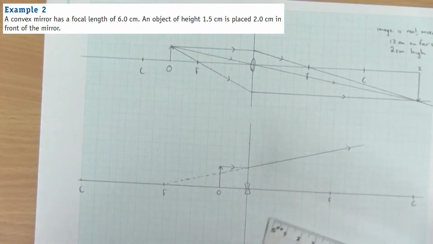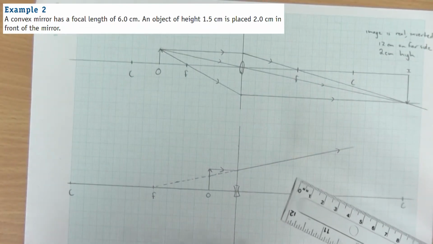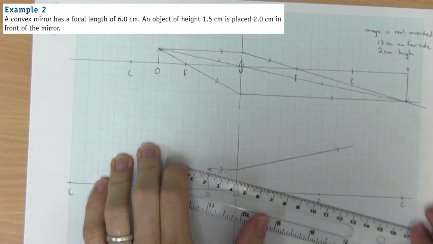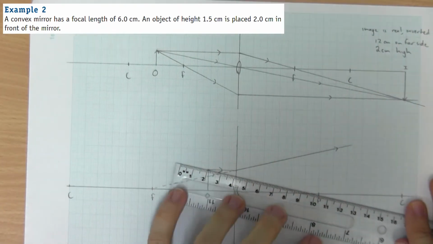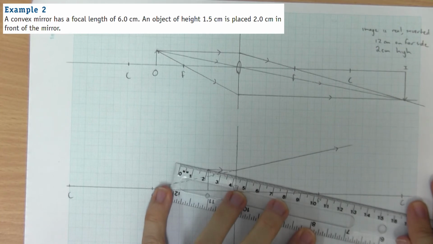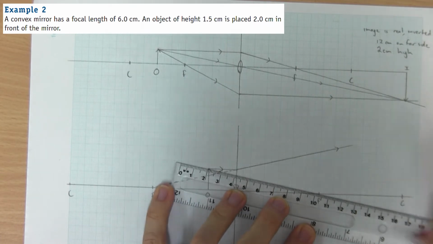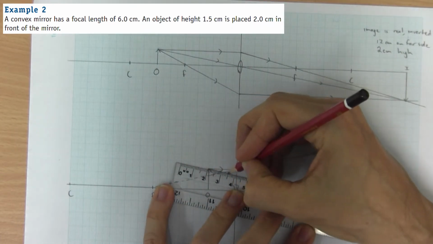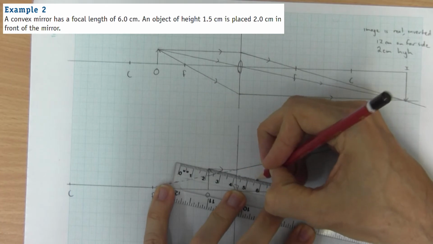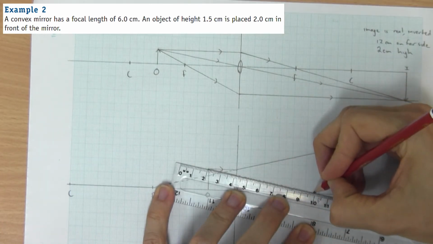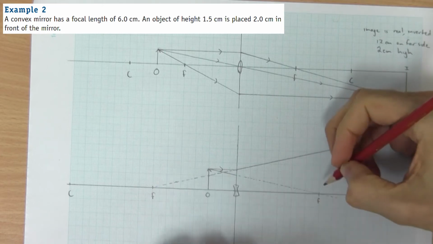The second ray heads for the focus, but it has to head for the focus on the far side of the lens because it's a diverging lens. So it's heading towards the focus, like so.